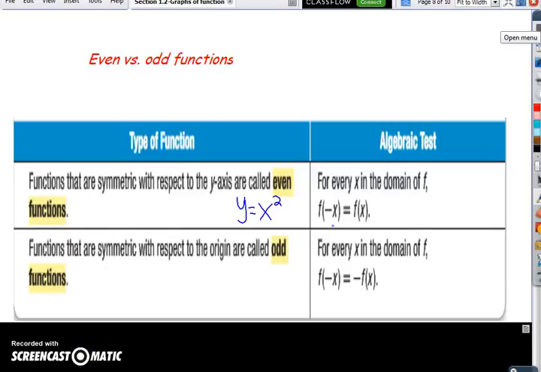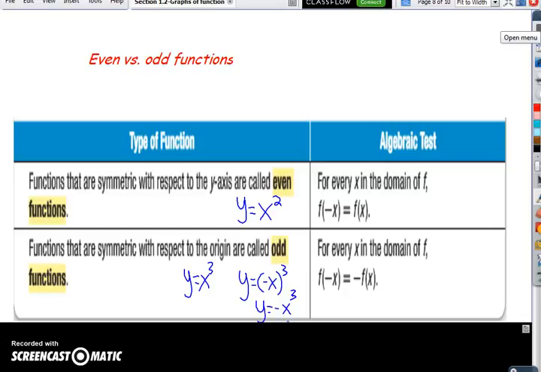Functions that are symmetric with respect to the origin are called odd functions. So that means if you put a negative x in, it makes the whole thing negative. The example being y equals x to the third. If you put a negative in here, it makes the whole equation negative. That's called an odd function, even versus odd.